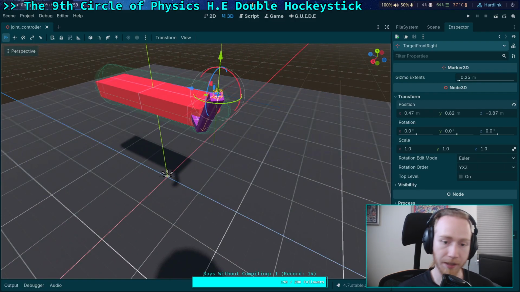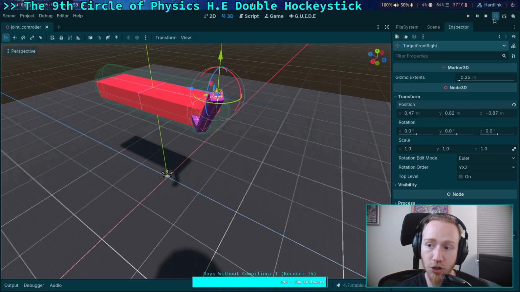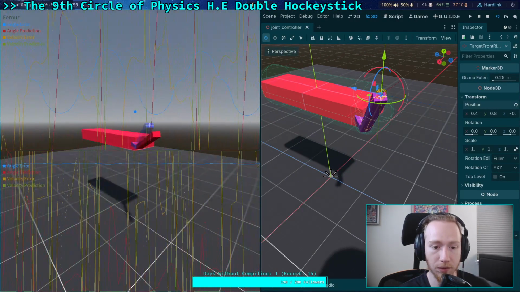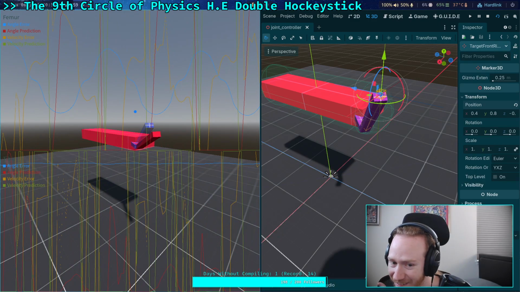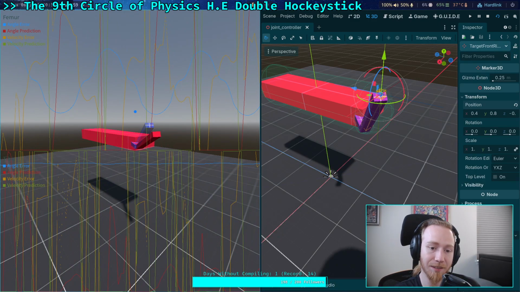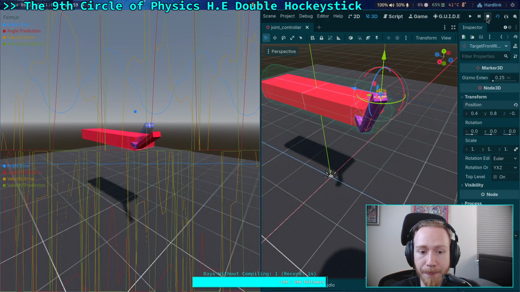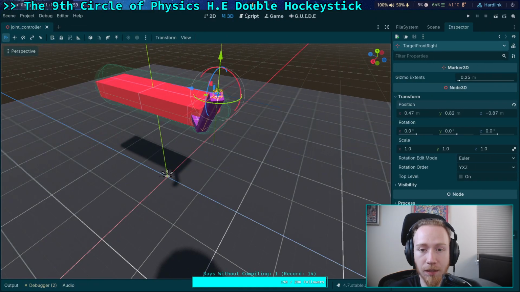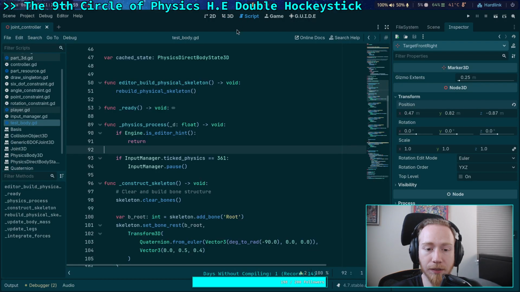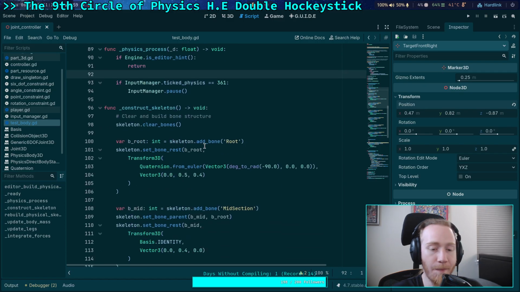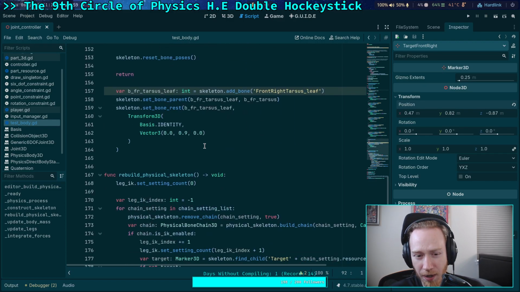Okay, so now this will move back and forth, and it should just work. Okay. So that did not work. That did not work at all. So what didn't work?